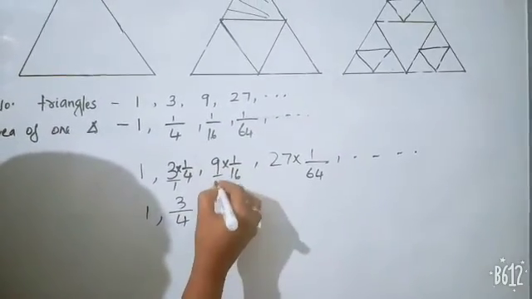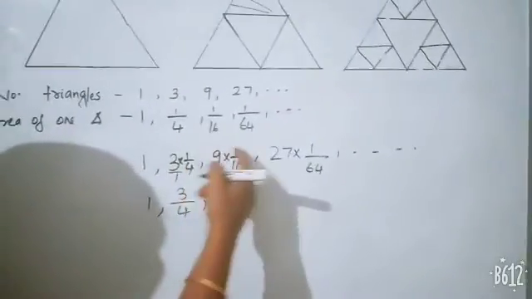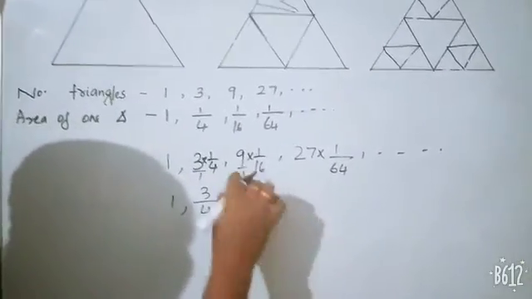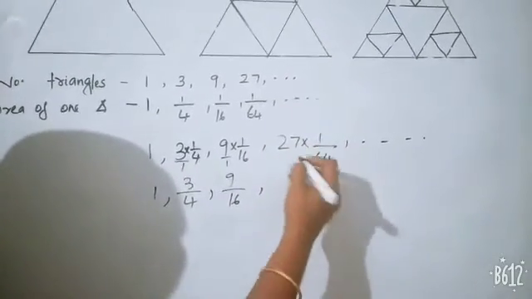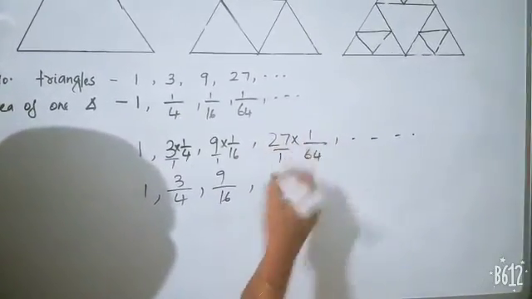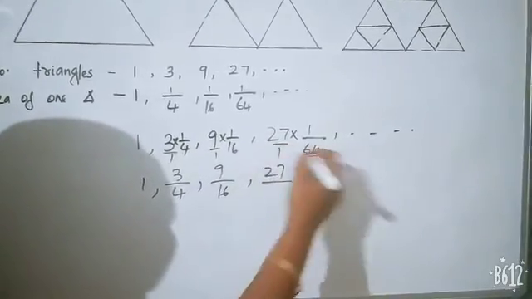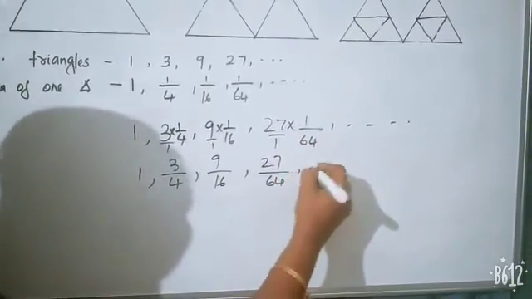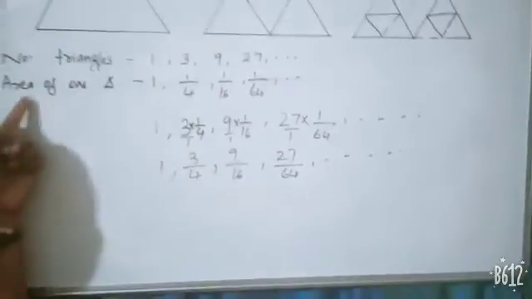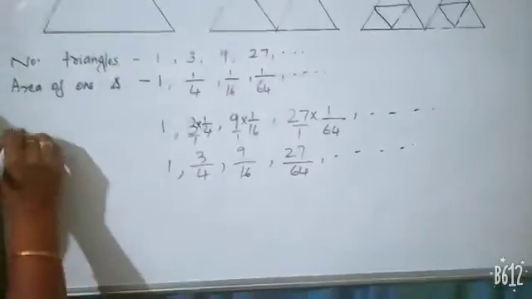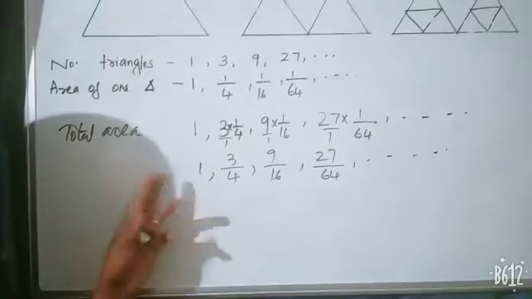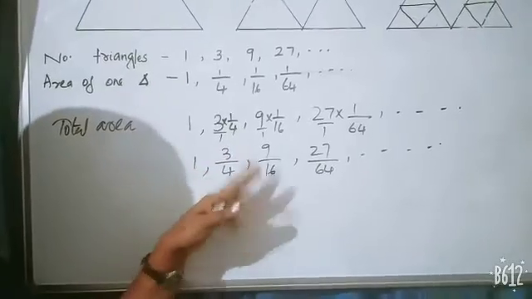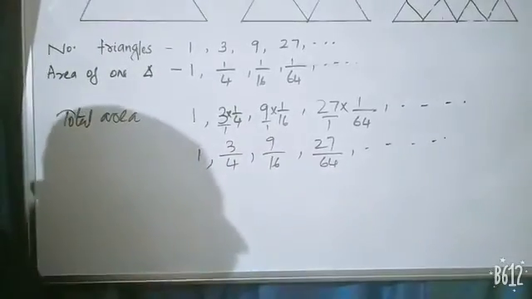Again 9 into 1 by 16. 9 into 1, 9 by 1 into 16, 16. 27 into 1 by 64. 27 into 1, 27 by 1 into 64, 64, etc. We got the total area of the triangles in the figure. 1, 3 by 4, 9 by 16, 27 by 64, etc.